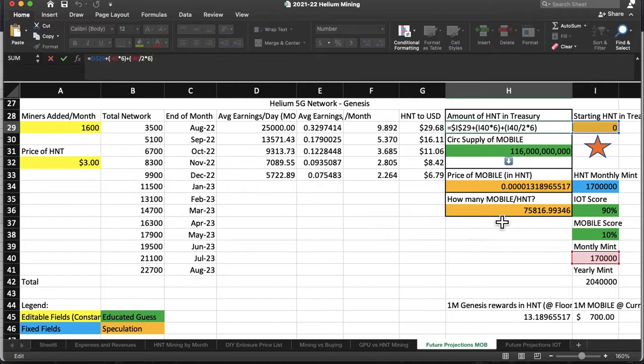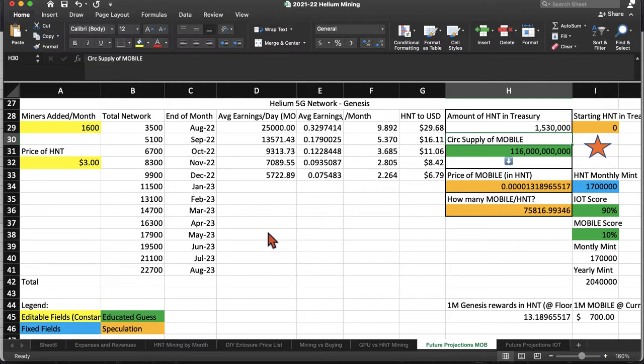So if this whole system, and I mean the HNT going into the mobile sub-DAO treasury, starts in January, when the move to Solana is supposed to happen, and the 5G proof of coverage is supposed to happen, and there's going to be HNT going now into the mobile sub-DAO treasury, this only ends up being 1.5 mil in the HNT treasury at the end of the first year, which again is taking this optimistic look at a mobile score of about 10% the whole year.